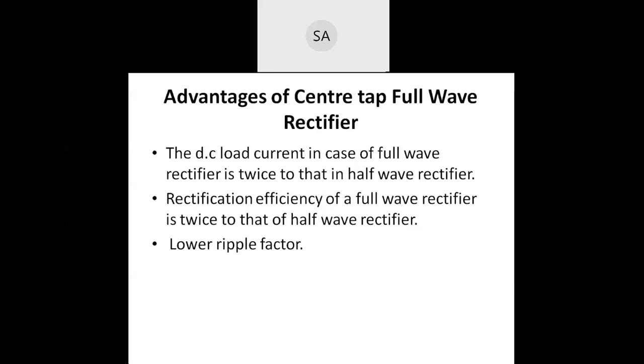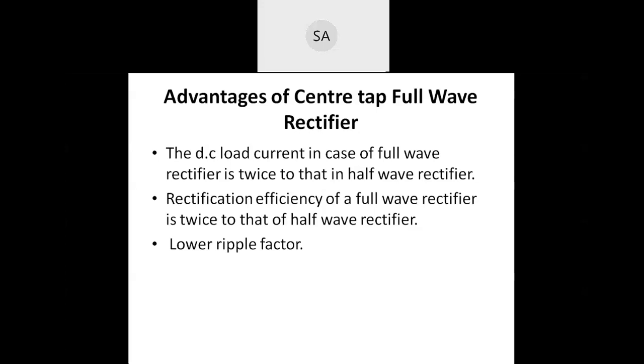So it is twice that in the half wave rectifier. The rectification efficiency of the full wave rectifier is twice that of the half wave rectifier. In the half wave rectifier it is 40.6 percent efficiency, whereas in the full wave rectifier it is 81.06 percent, so it is doubled.